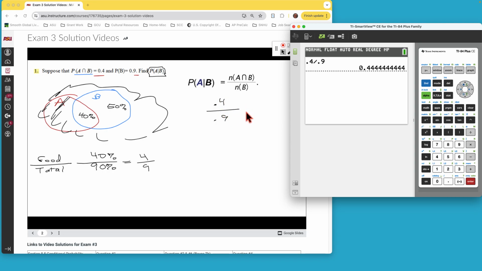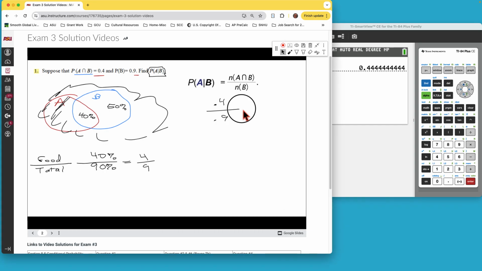You get 4/9. Okay. But these numbers are the same. It just depends upon what form they want it in. And if we go and check our answer, there it is, 4/9.